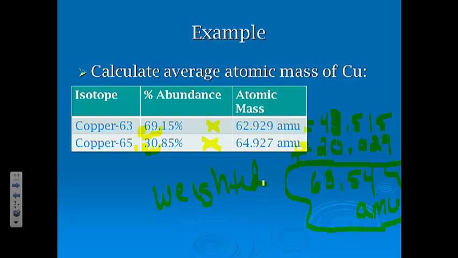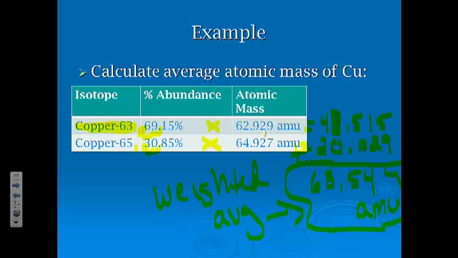Now I know you kind of only half heard me and you didn't really understand what was going on, but the fact that this is a weighted average means that it represents the fact that there's more copper 63.